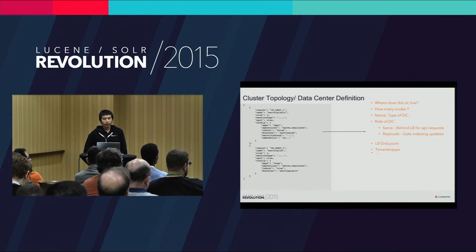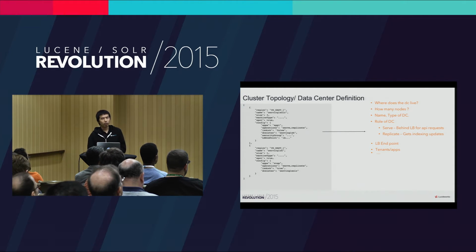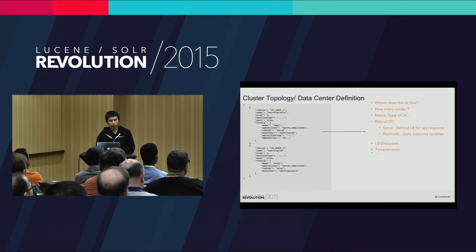And for the definition of a Solr data center, basically for us, this is a JSON file representation of a data center. You can see you can define what region the data center is in, how many Solr hosts it should have, how many Zookeeper hosts it should have, and what the role of the data center is. Basically, you can define if it's a serving data center or not.